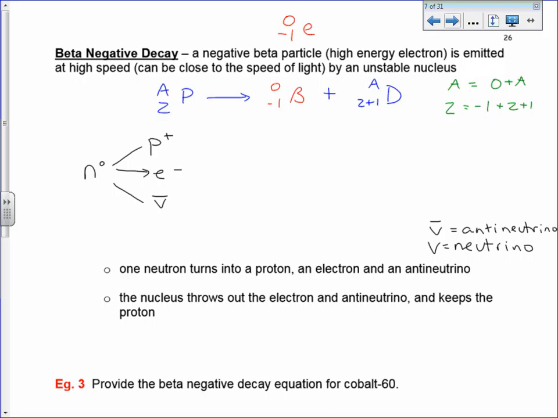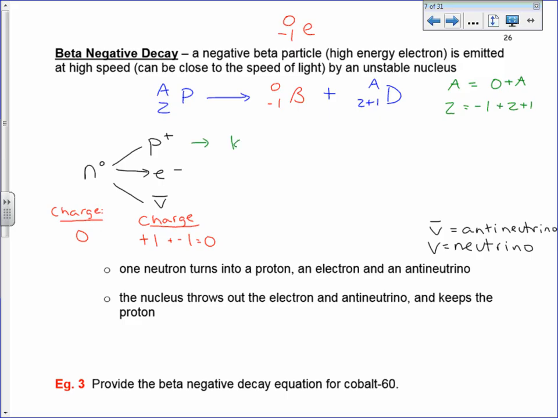And notice that we have conservation of charge happening here, because the charge on the neutron is 0, and the sum of the charges here is +1 for the proton plus -1 for the electron, which gives me a charge of 0. So there's been conservation of charge with that neutron and the proton. The proton is kept, and this is why Z increases by 1.